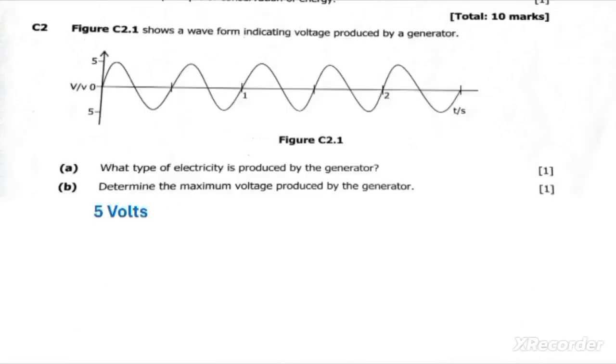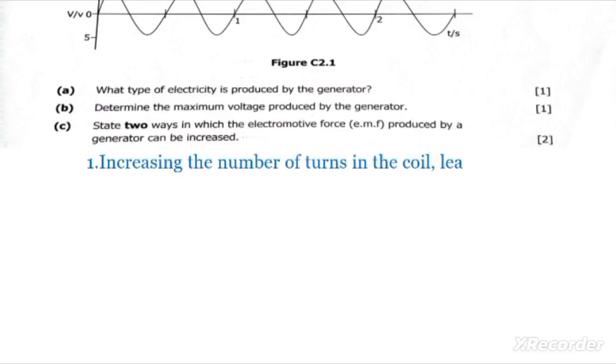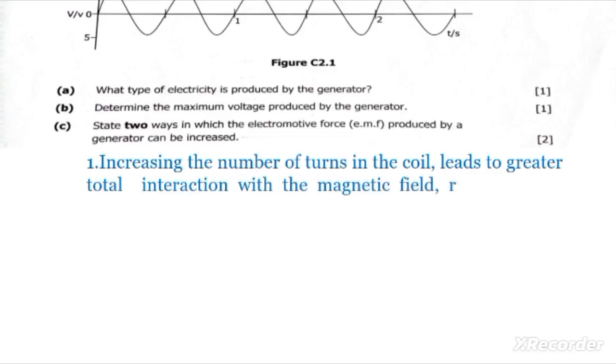Question C states two ways in which electromotive force, EMF, produced by a generator can be increased. Number one, increasing the number of turns in the coil leads to greater total interaction with the magnetic fields, resulting in higher induced EMF.